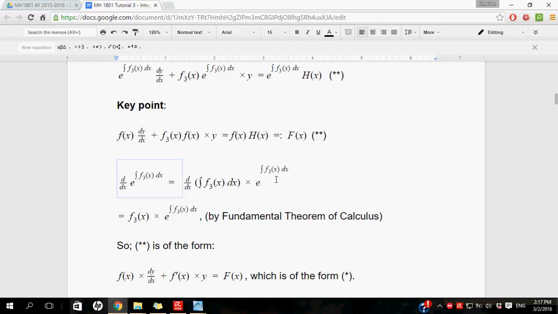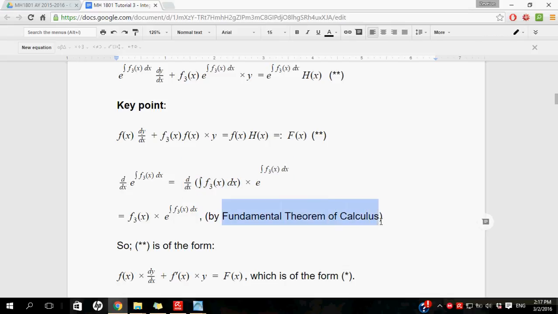We first differentiate the exponential, so it reappears here on the right-hand side, but then we must multiply by the derivative of whatever is in the power, so the integral of f3 of x.